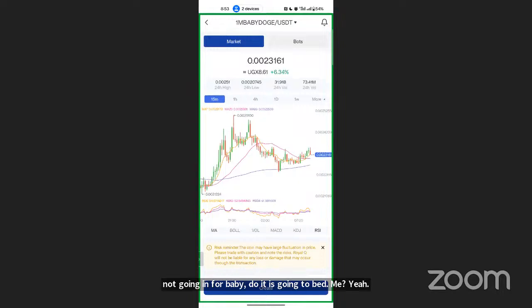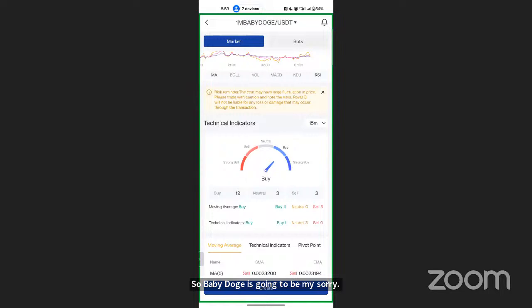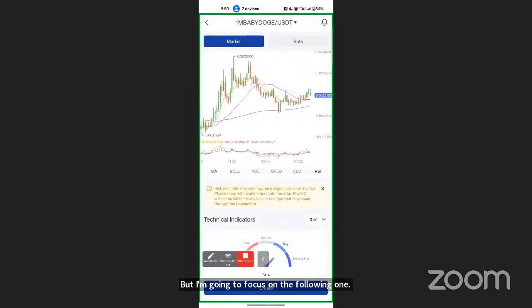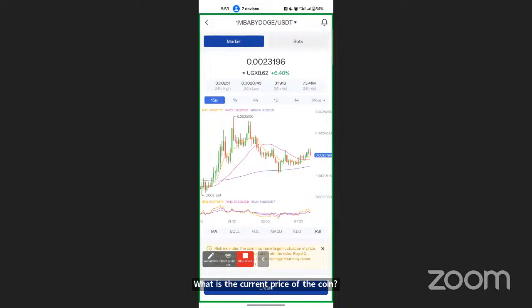So here I'm not using any formula of choosing a coin, but I'm going to focus on the following. One, what is the current price of the coin? So make sure you have somewhere to write. So I'm going to note the current price, which is 0.0023196. Good, I've seen the current price.